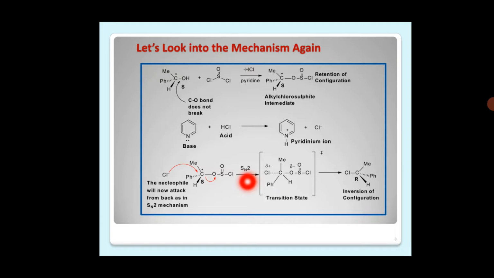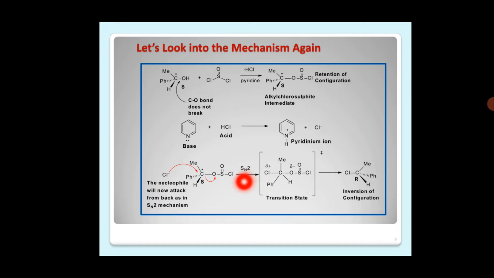Now, to avoid repulsion between the nucleophile and the leaving group, as they are both of the same charge, it is preferable for the nucleophile to attack the chiral carbon from the side opposite to which the leaving group is leaving.